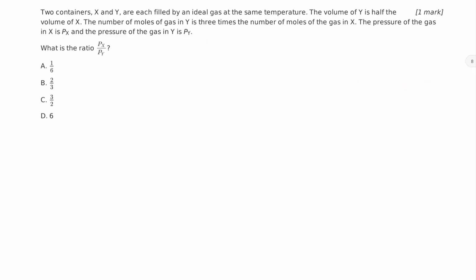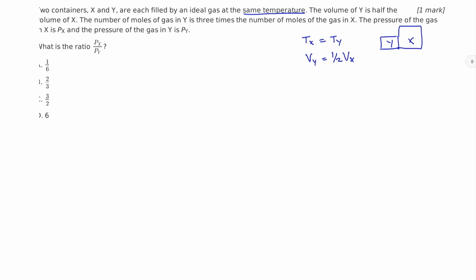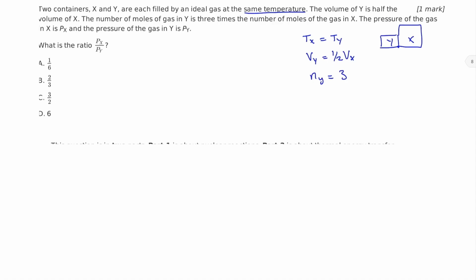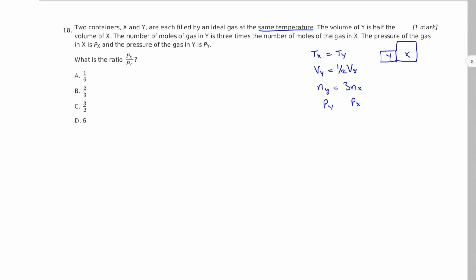Two containers, X and Y, are each filled by an ideal gas with the same temperature. So that means the temperature of X is equal to the temperature of Y. The volume of Y is half the volume of X. So that means the volume of Y is equal to half the volume of X. The number of moles of gas in Y is 3 times the number of moles of gas in X. The pressure of the gas in X is Px, and the pressure of the gas in Y is Py.